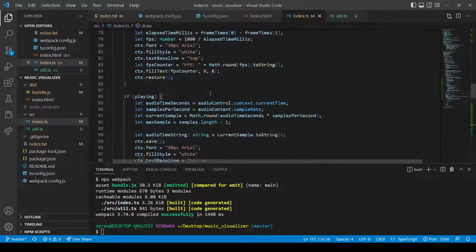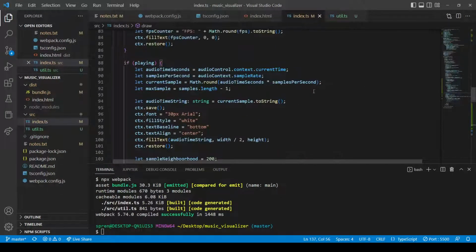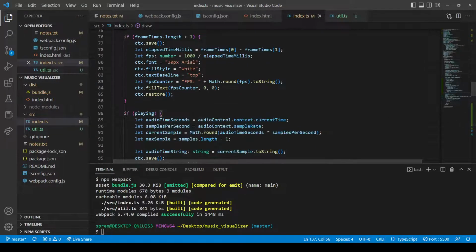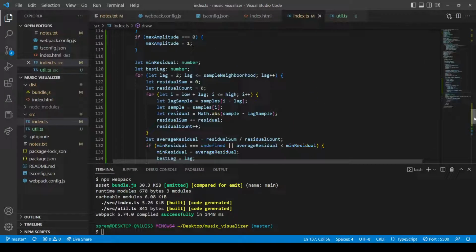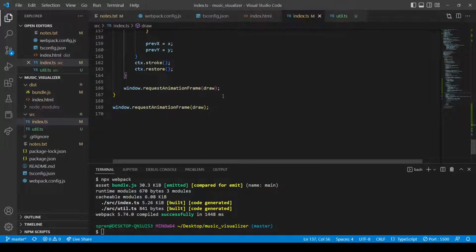This is all in the draw. This is all in the draw function. What have I done? Okay.